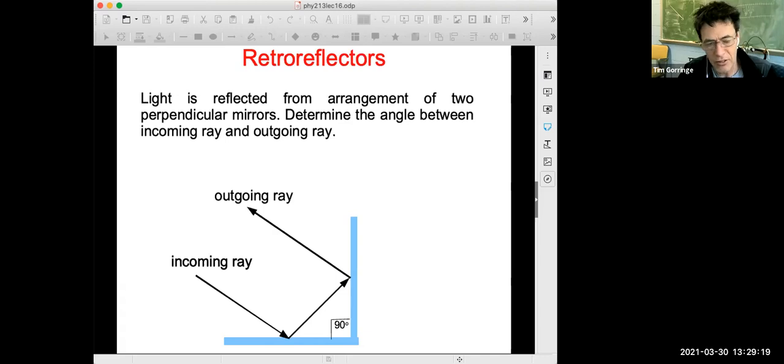It's just sent back in the opposite direction. We're going to prove here with the law of reflection that the incoming light ray is reflected back at 180 degrees. Here's the little picture that I'm going to use to solve this problem and show you this effect.